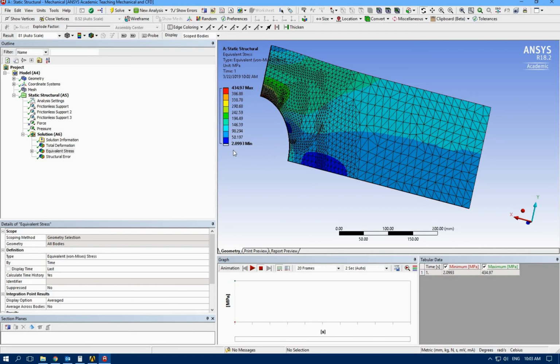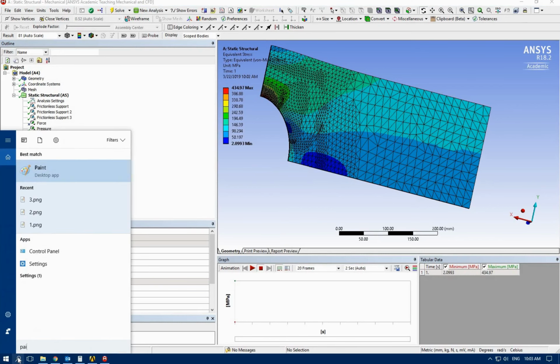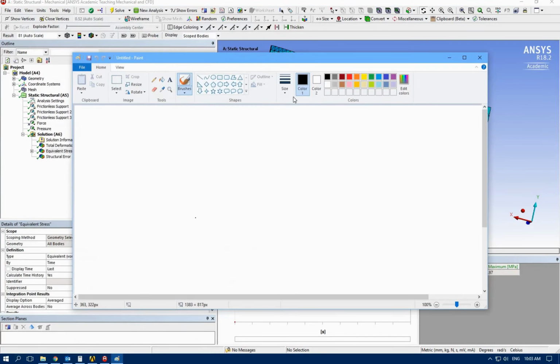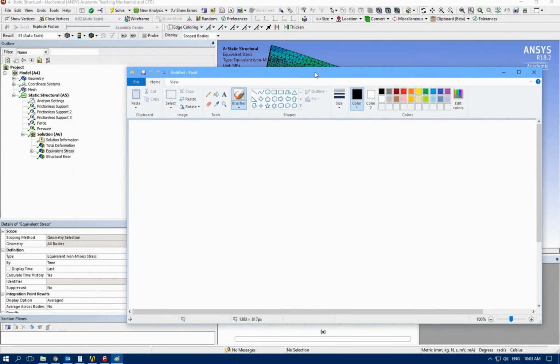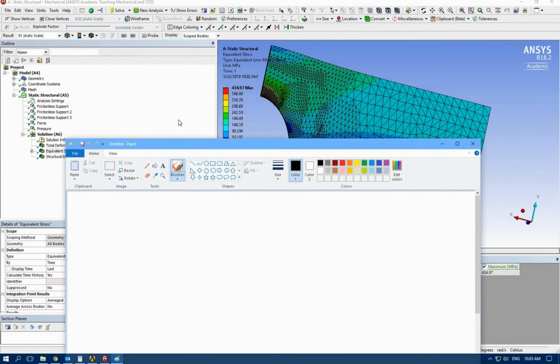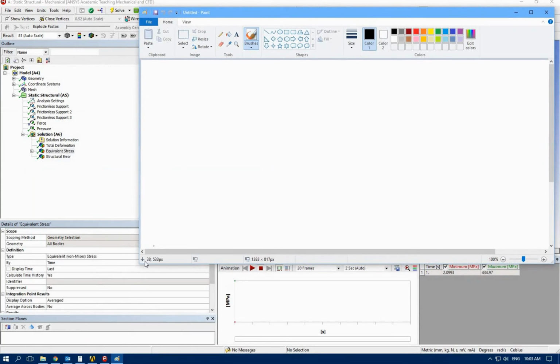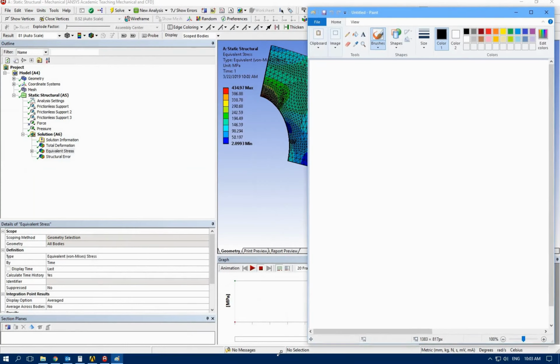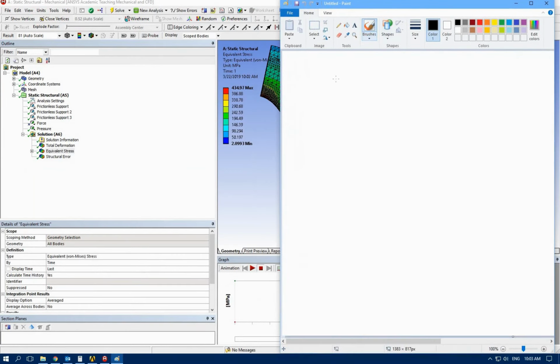Minimum stress is 0. Let's consider this 0, it's a very small number. If I want to find the alternating and mid-range stress for these two values, let me drag this, because I know that sigma A is sigma max minus sigma min, divided by 2.